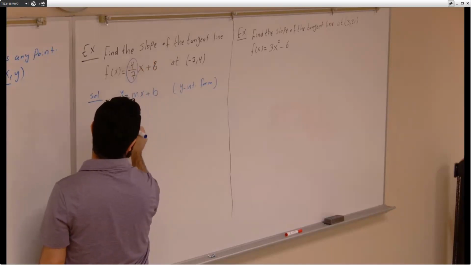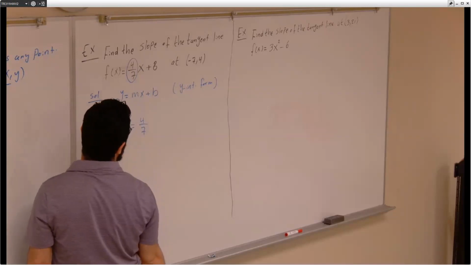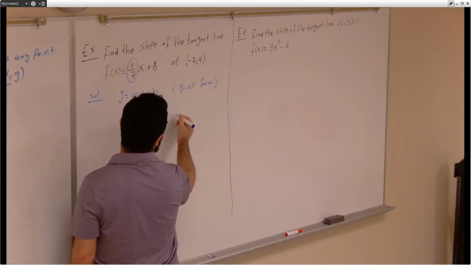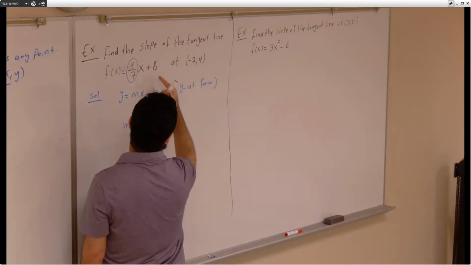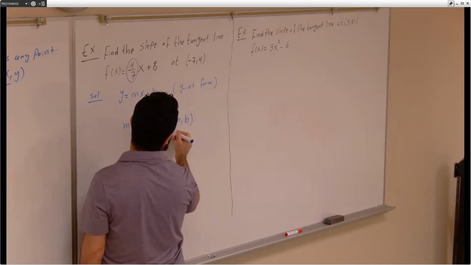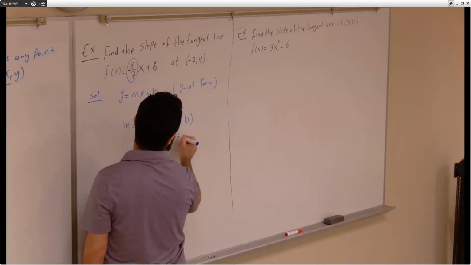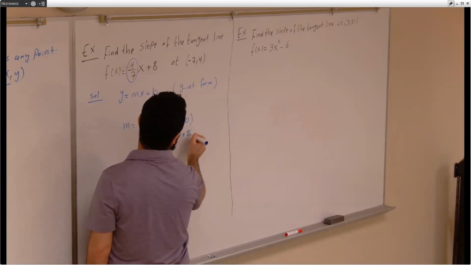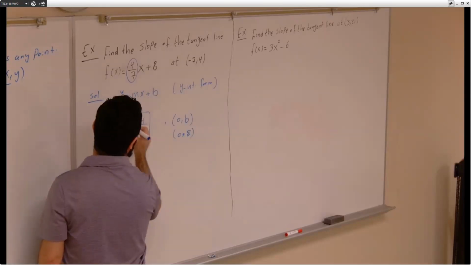So the slope for this line is going to be 4/7. And the intercept, which is the point (0, b), so it's going to be (0, 8). So here is the y-intercept point, and here is our slope. So this is for the first example.